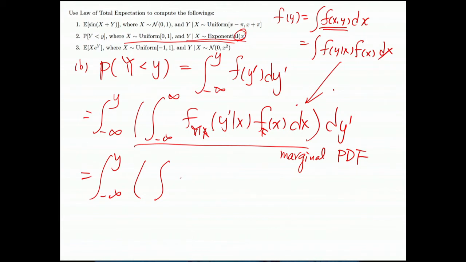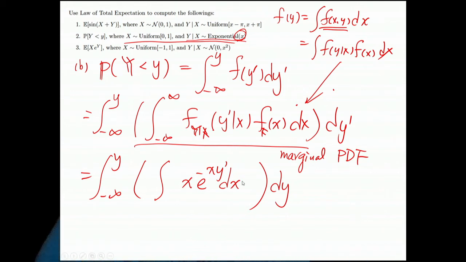So here it should be x times e to the minus x y prime dy, dx, times x is uniform, so f of x is 1 over 1. Actually, you don't need the 1 over 1 because it's just 1.